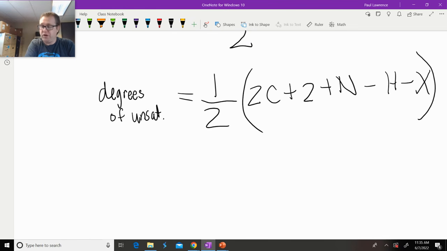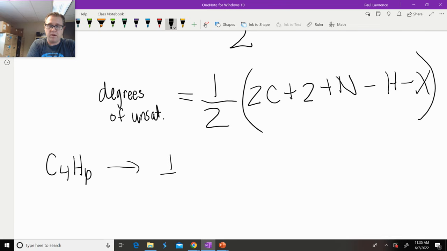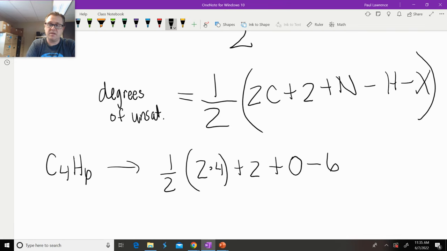If we redo our formulas here, you will see that we get the exact same answers using this formula. So the degree of unsaturation for this compound is going to be 1/2 times 2 times 4, which is 8, plus 2, plus 0 nitrogens, minus 6 hydrogens, minus 0 halogens.